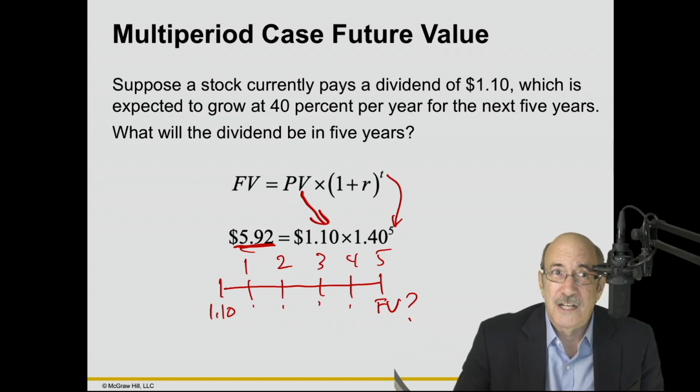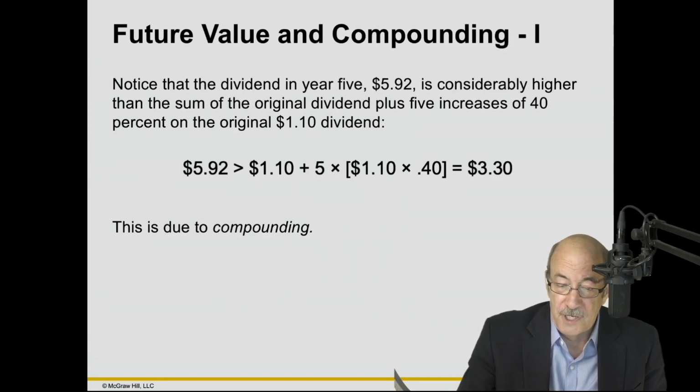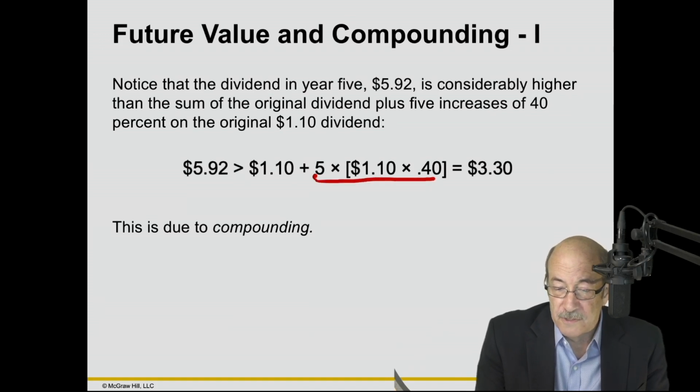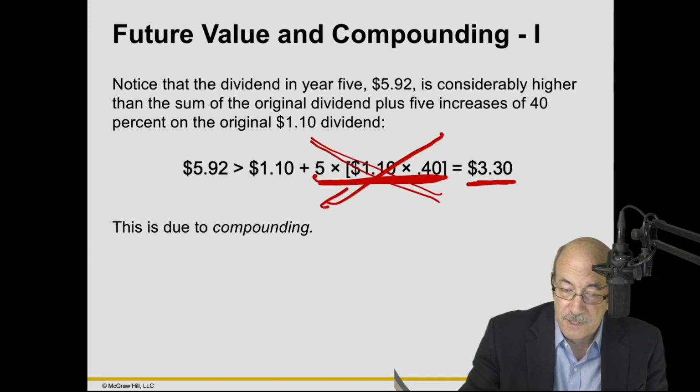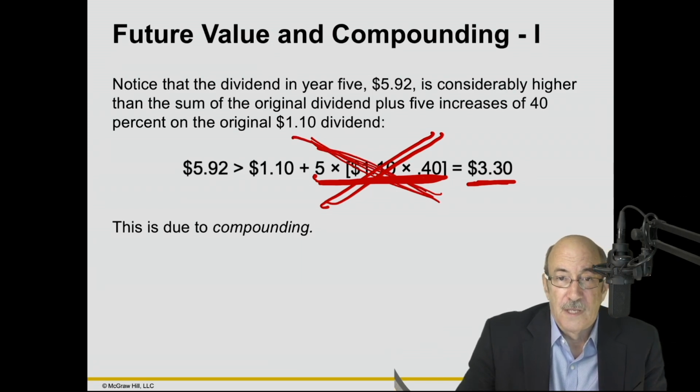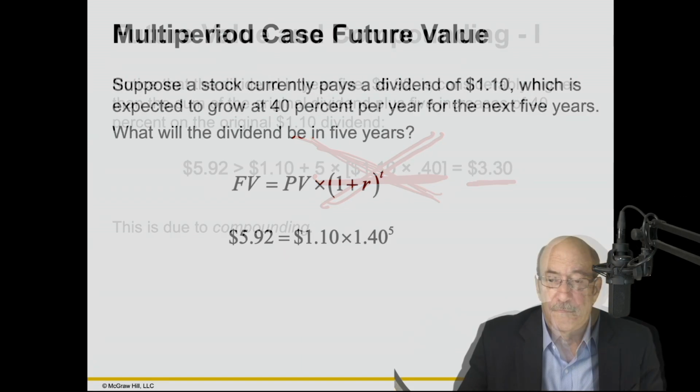If we didn't compound, for instance, if we just got 40% on $1.10 each period for 5 periods, that's what we're doing here, that would only end up being $3.30. But that is not correct. That is wrong. So don't do it that way.